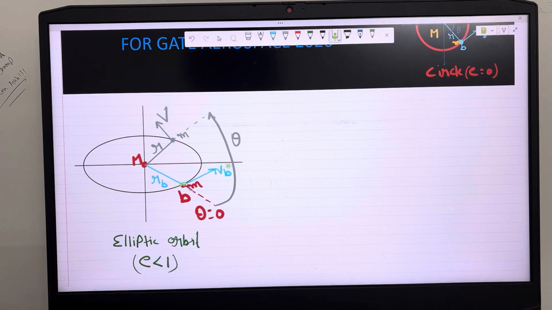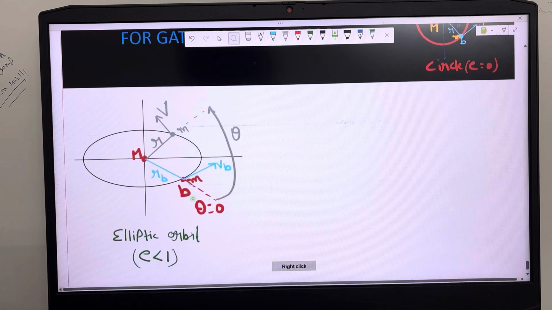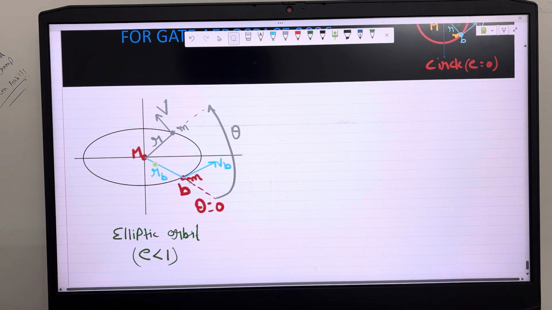If I burn the fuel, I will get the burnout velocity VB, and after some time my speed will be V after burning the fuel. The point at which the burning is completed is called B, the burnout point. The distance at which the burning happens is called the burnout distance.